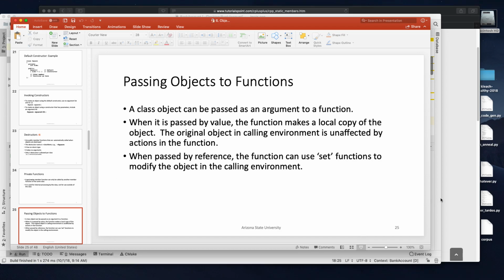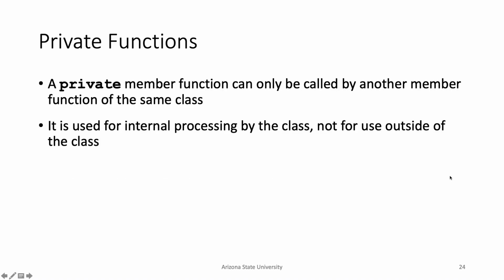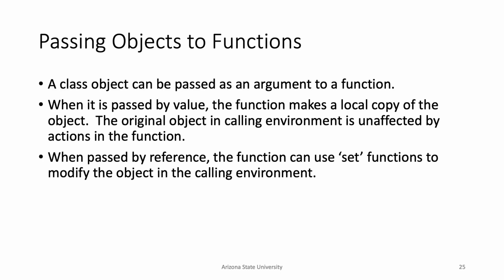Sometimes we want functions to be private. Maybe if we want to do some authentication, we don't want to expose that to the user. But of course, we can not only pass ints and doubles to functions, we can pass in other objects. For example, we can make a bank account from another bank account.